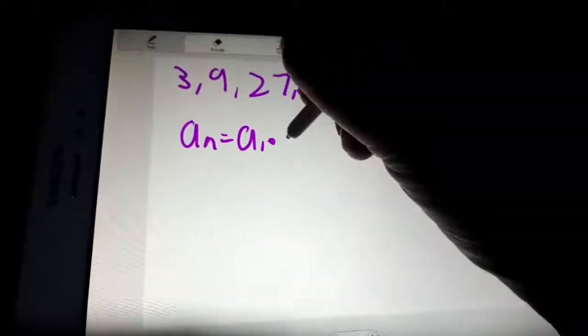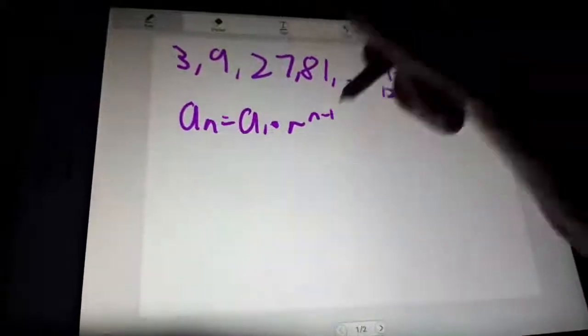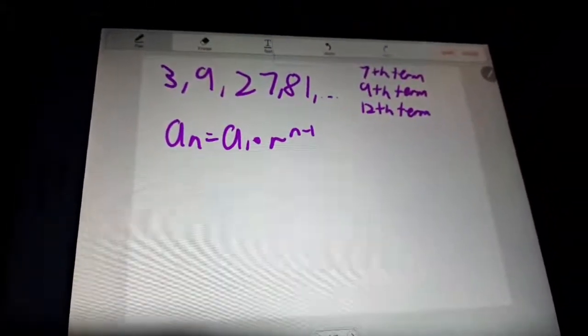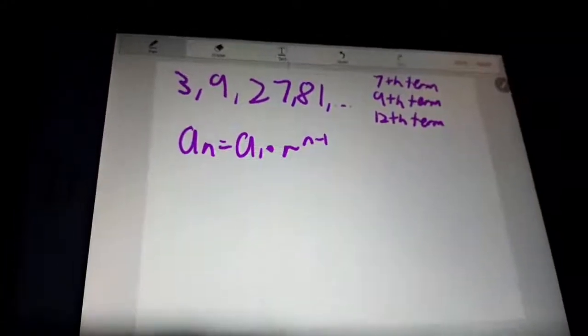So, again, ang formula po na gagamitin ay a sub n equals a sub 1 times r raised to n minus 1.